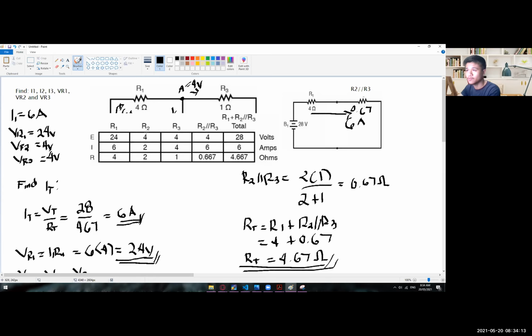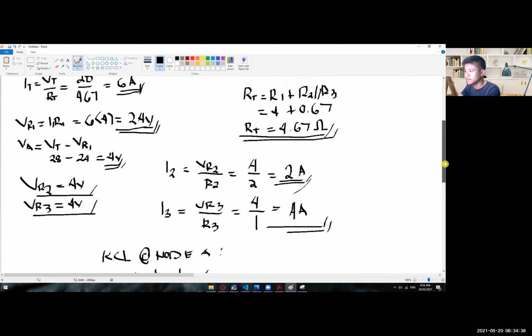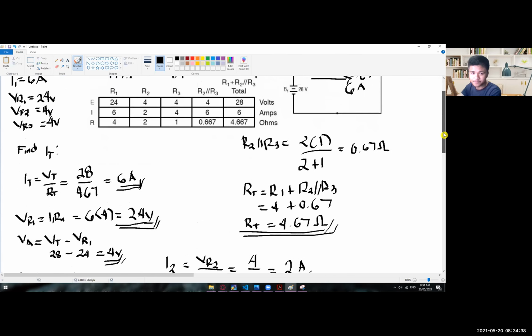And then reaching the R2 and R3 since they are in parallel, it's 4 volts per resistor. And then we have here the value of resistance. So R1 is 4 ohms and R2 is 2 ohms, and then R3 is 1 ohm. So there you go. This is just the summary of our answers, in which they are the same.